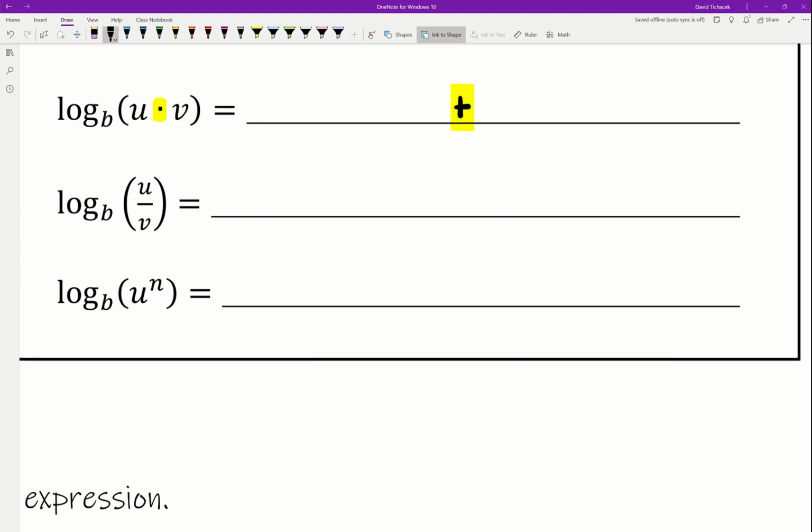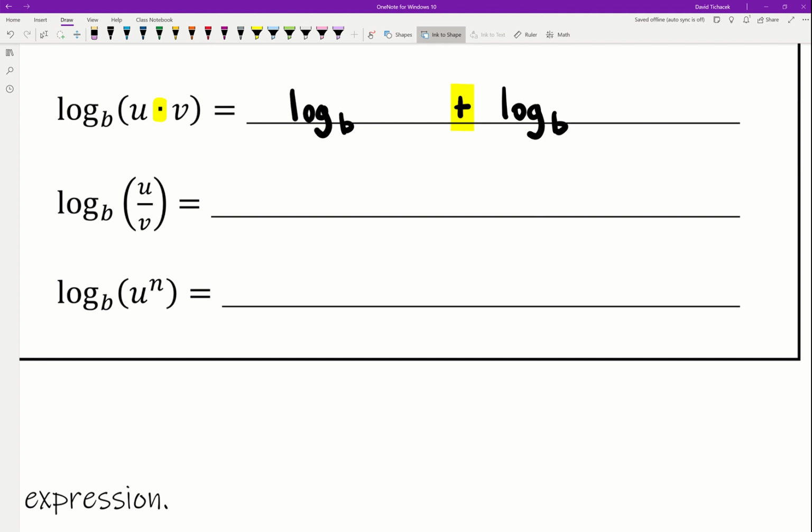Now what are we going to be adding? These rules allow us to take a single log and break it up into the sum of two different logs. Because I had a log base b from before, I'm going to say here that I've got the log base b of something plus the log base b of something else. These rules are pretty unique in that if it's a times on the inside, it's a plus on the outside, between two logs.